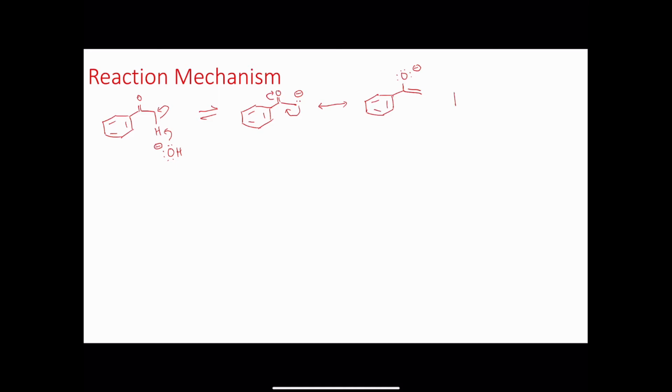Since the enolate is nucleophilic, it can undergo nucleophilic attack. So we have the nucleophilic attack from the enolate to benzaldehyde. The carbonyl of the benzaldehyde is electrophilic. We form this intermediate.